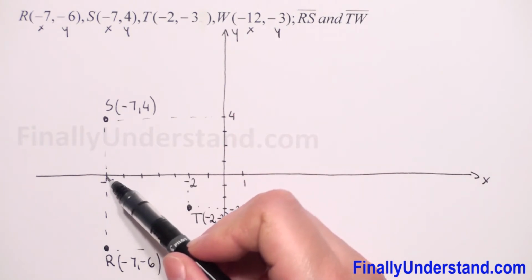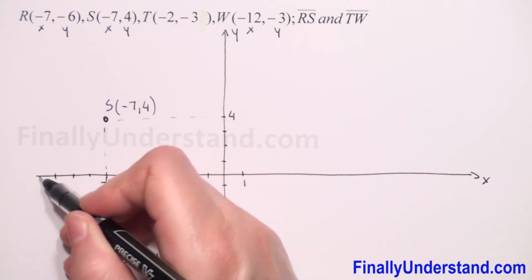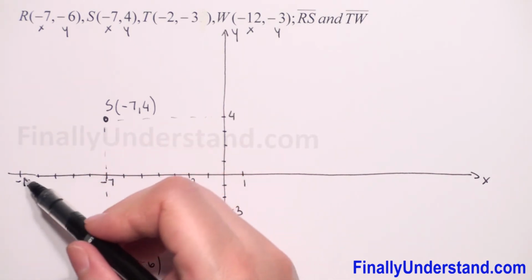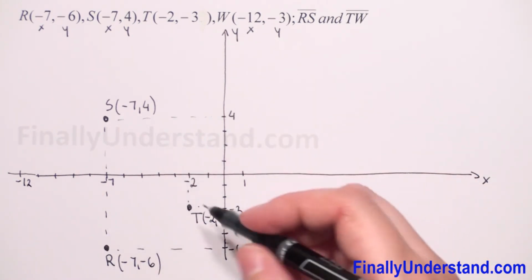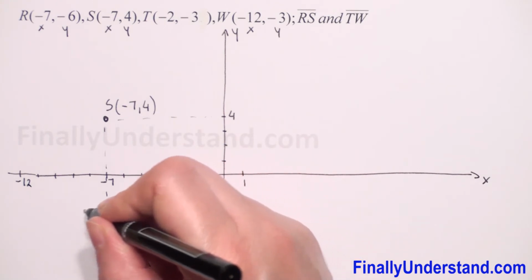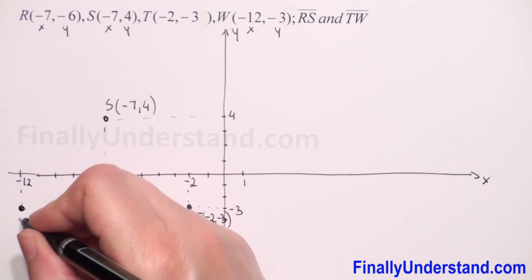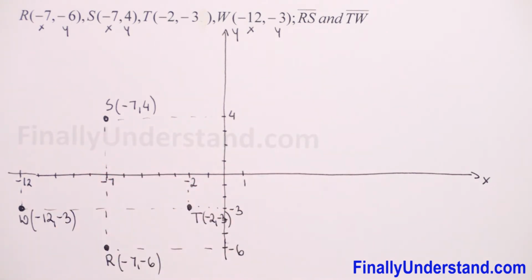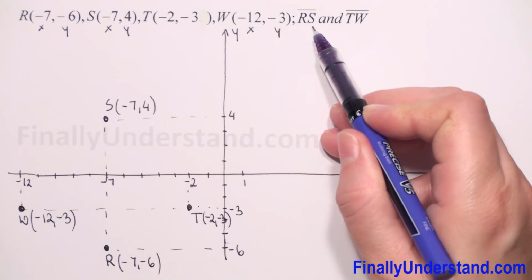We have X -7, 8, 9, 10, 11, -12 will be approximately here, and we have Y -3. So this is our W, -12, -3.